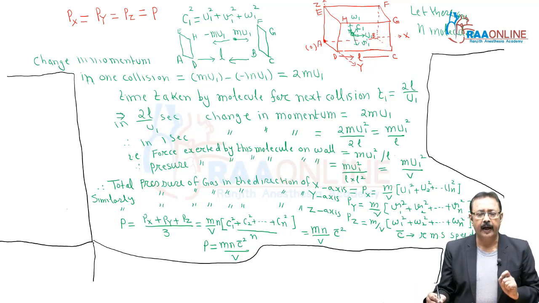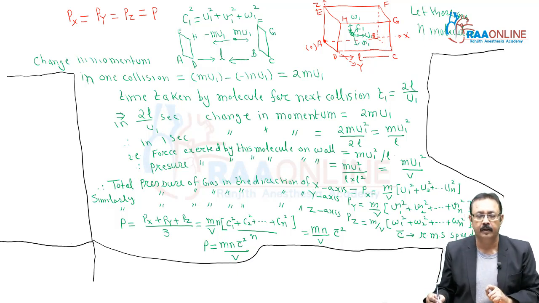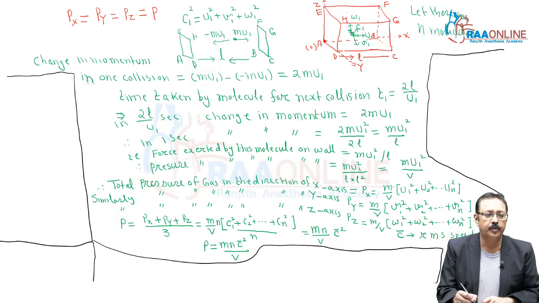See, m is the mass of one molecule, n is the number of molecules. It means mn should be the total mass of gas. So one important result is P is m n c bar square by 3V. Take V on that side, so it is PV.